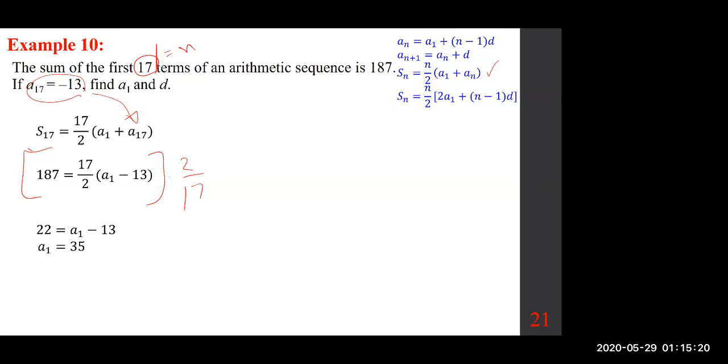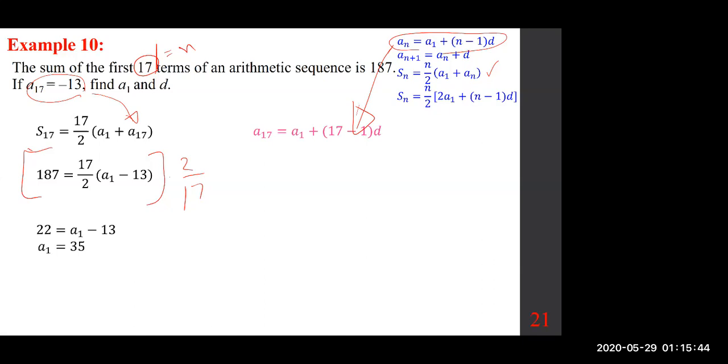Now, we use this formula. a sub n is a sub 1 plus n minus 1 times d. What is a sub n? a sub 17 is given. So plug in.